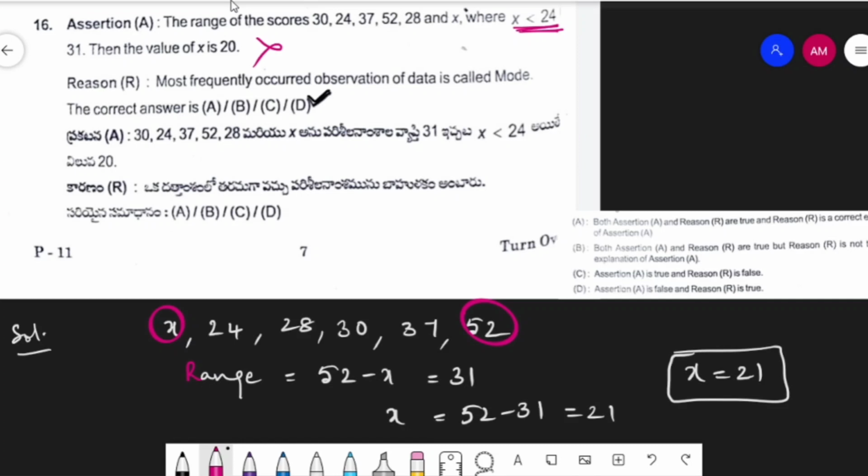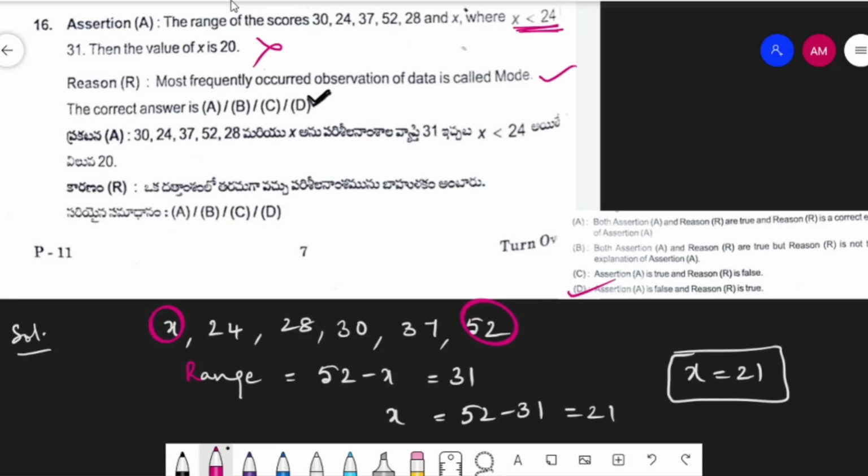Mode is nothing but the most frequently occurred observation of the data. That's a true statement. But we have not used mode for solving x in the assertion. Assertion is false and reason is true. So we get option D.